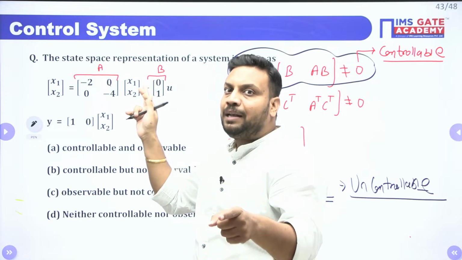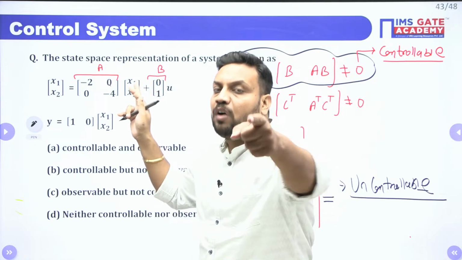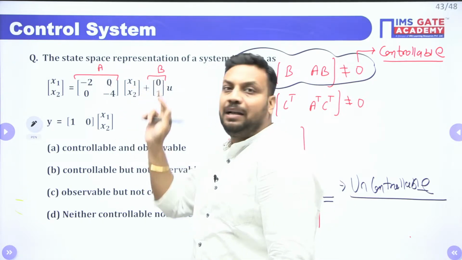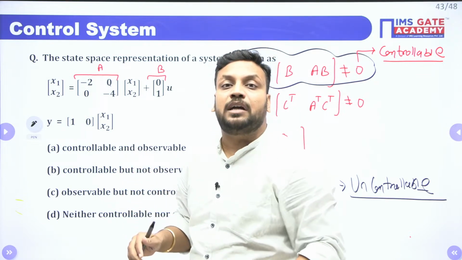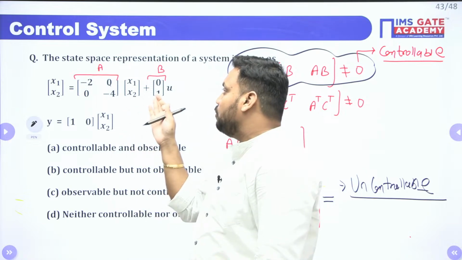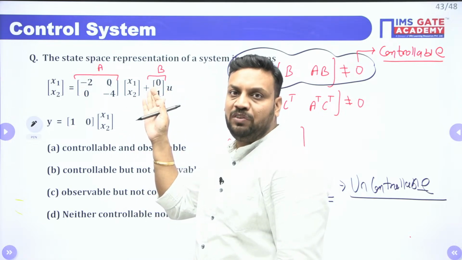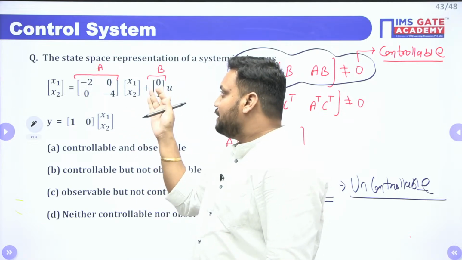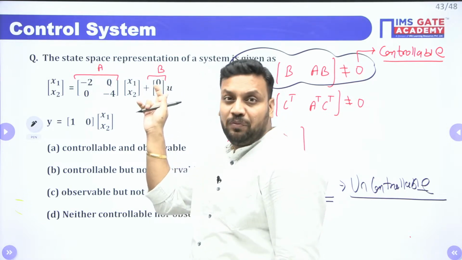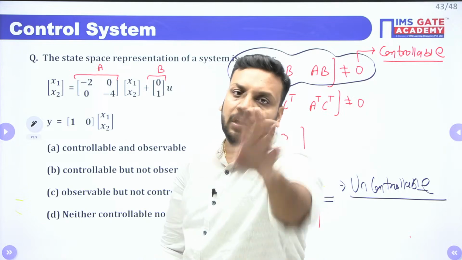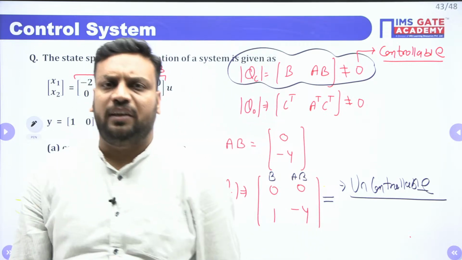If the B matrix has all non-zero coefficients, then only the system is controllable. But right now the B matrix has one coefficient 0. It means it is not controllable directly, without calculating anything.